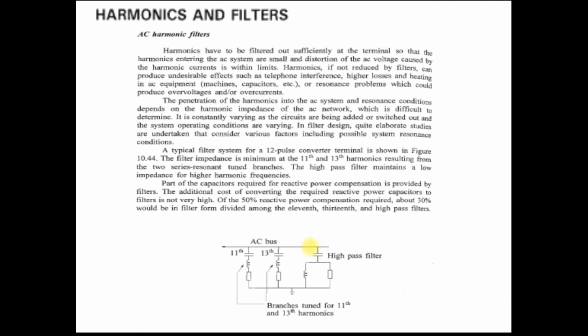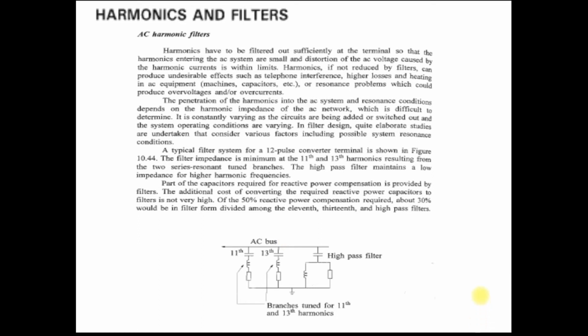For higher order harmonics, this high pass filter provides a low impedance path and grounds them effectively so that we can remove the higher order harmonics. So this is about the AC filter to remove the harmonics at the AC side.